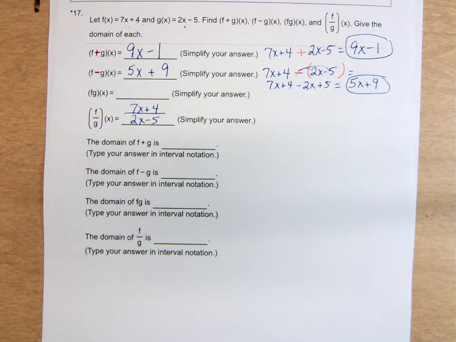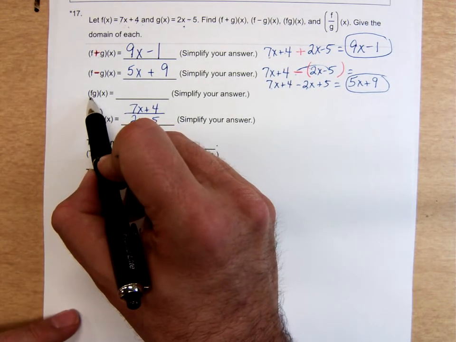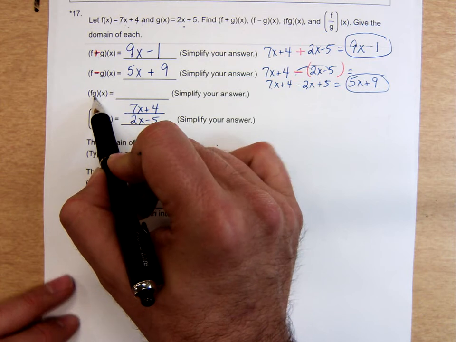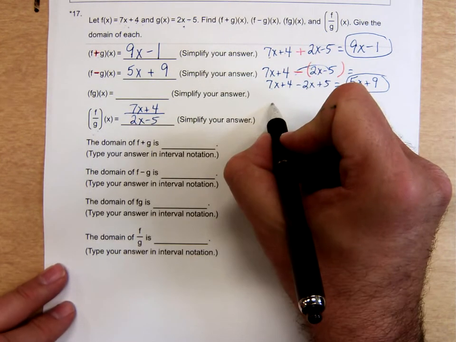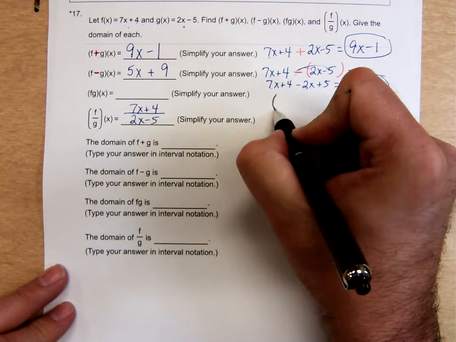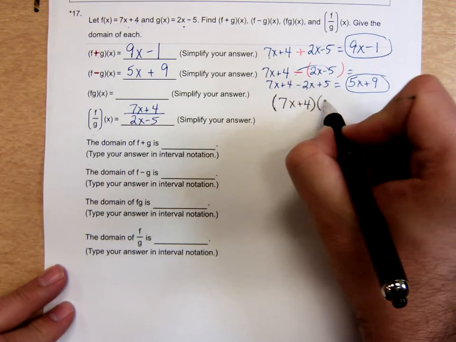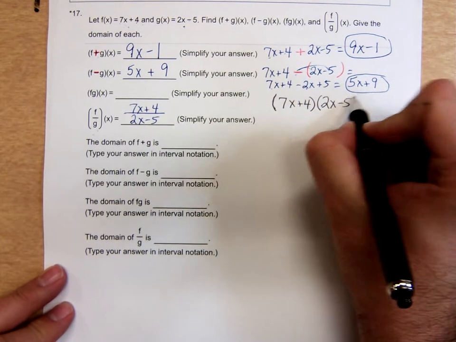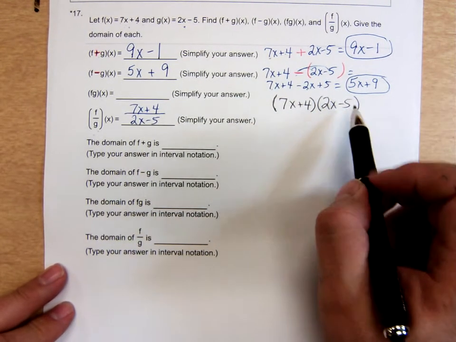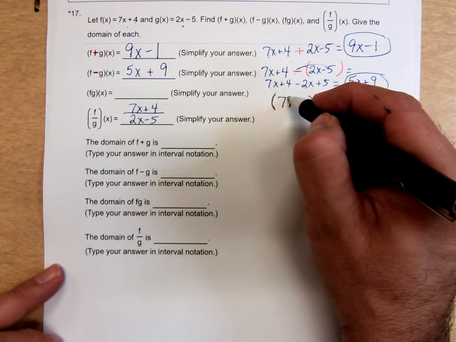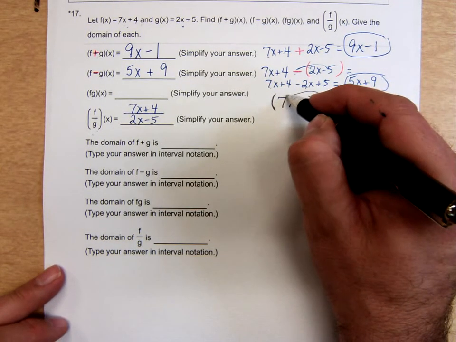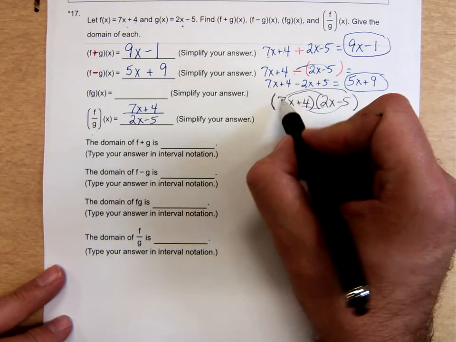Now, for f times g, that's what this symbol means. Fg, it's f times g. So to do that, what's that 4-letter word that starts with F that I'm going to have to do here? This is the f times g. 4-letter. Foil. Foil it out. We'd have a 14x squared.